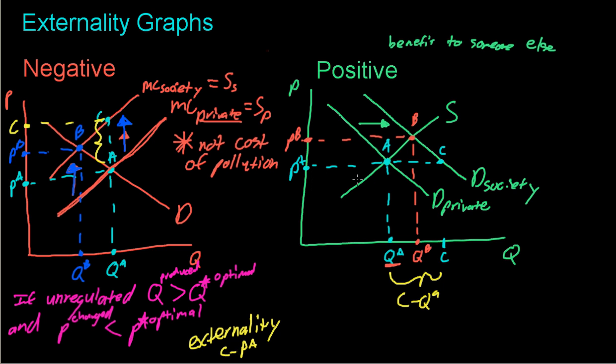So we can see that if there's a positive externality, then, if unregulated, the quantity produced will be less than the quantity that is optimal.